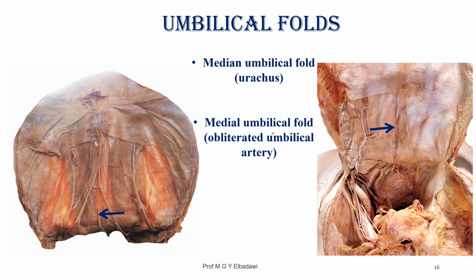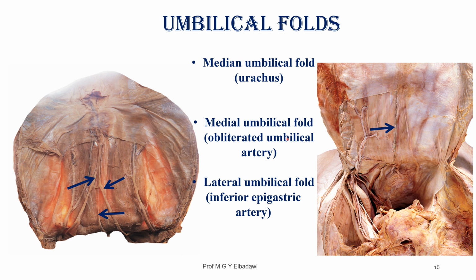The second one is the medial umbilical ligament. That is the remnants of the urachus here, and that is the lateral umbilical ligament, which is formed by the obliterated umbilical artery.